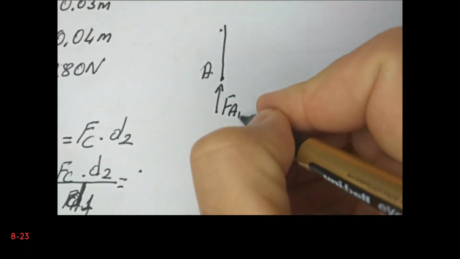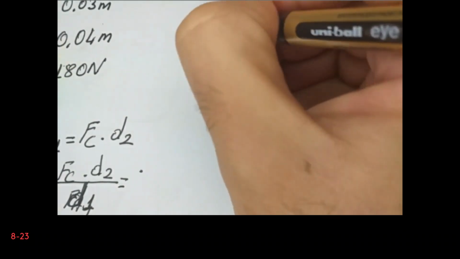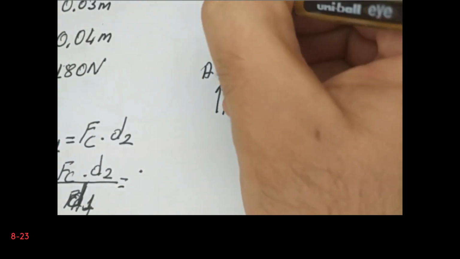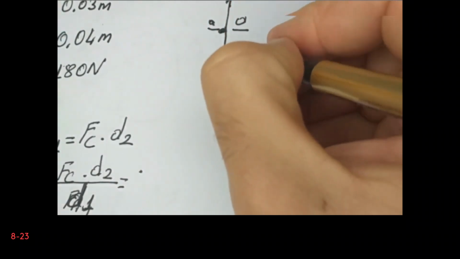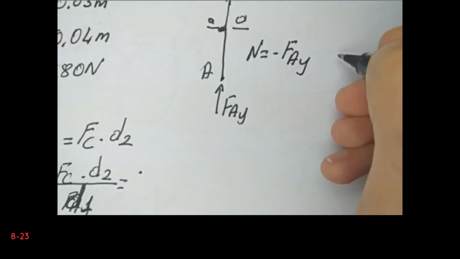So this is, let's say, the cross section AA, and we have the normal force. So the normal force is basically minus Fay. From here we can easily calculate it.